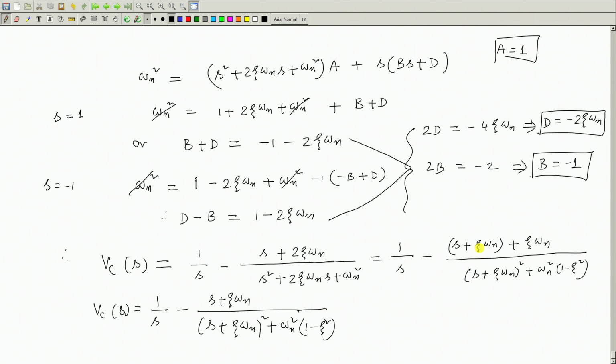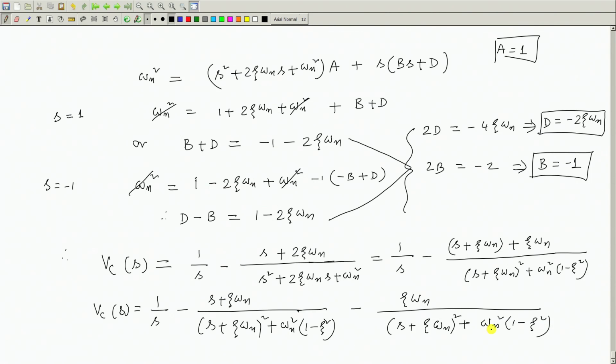This will be the first term, this by this, then minus you have got zeta omega n by the same thing, s plus zeta omega n whole square plus omega n square into 1 minus zeta square.